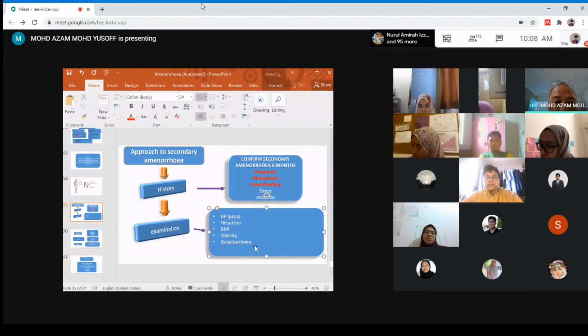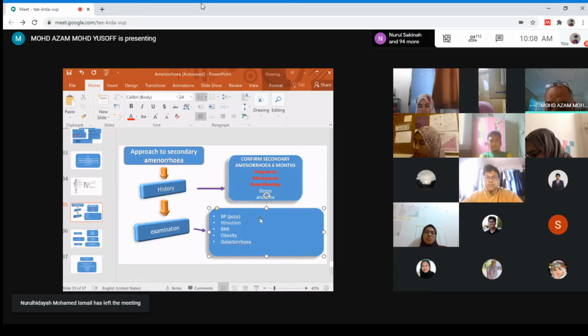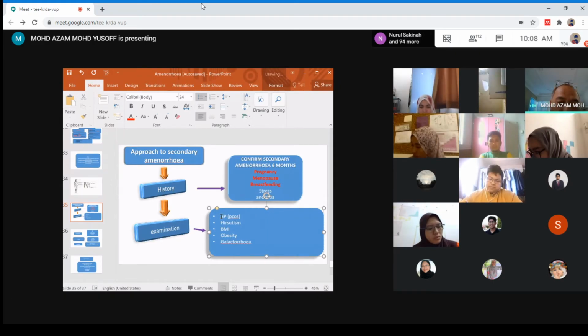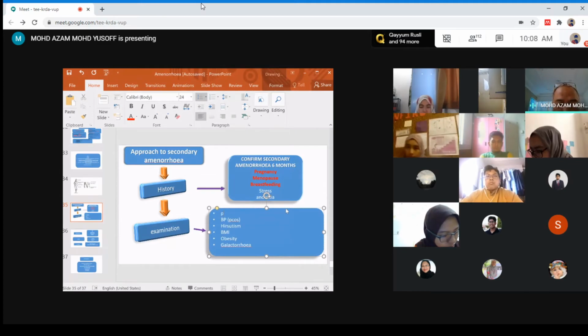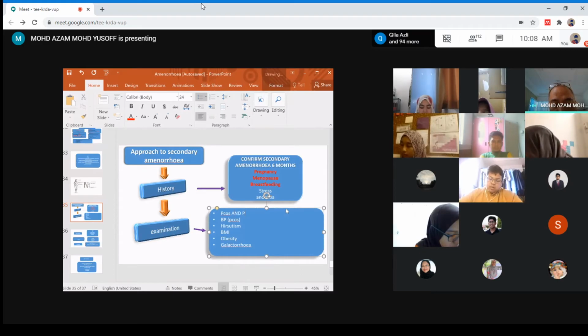The common causes of secondary amenorrhea, apart from pregnancy, menopause and breastfeeding, are two only: PCOS and premature ovarian failure.